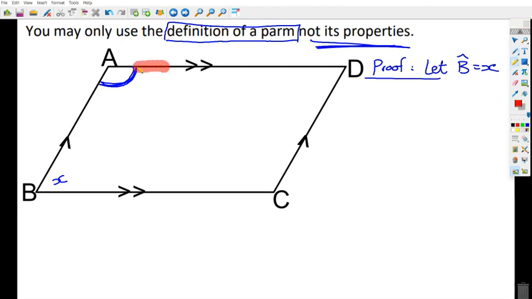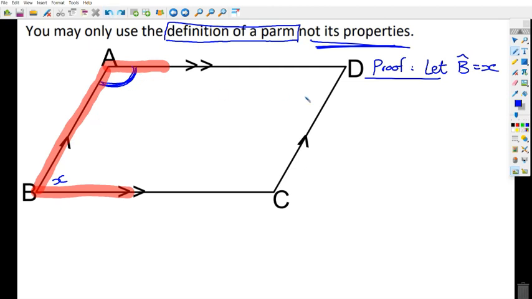Look here, there's my parallel line, there's my parallel line. I'm going to connect those two, and automatically I see I've got a C there, or a sideways U, whatever you prefer. And what do I know about co-interior angles? I know that if I add them up together, they equal 180. So let's write that down.